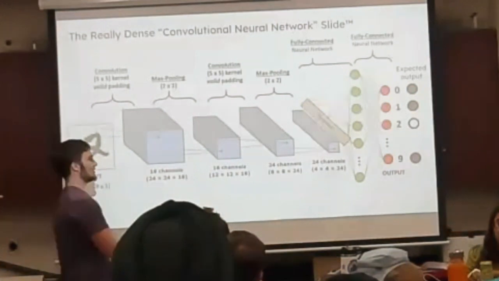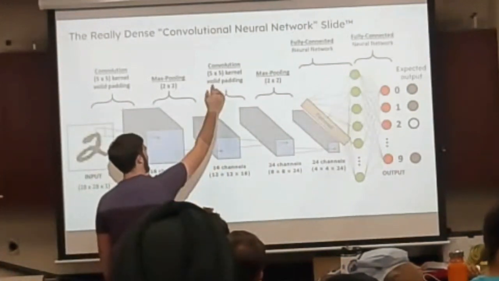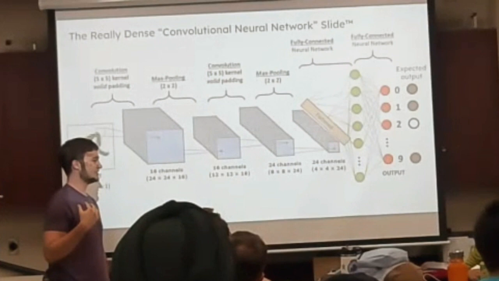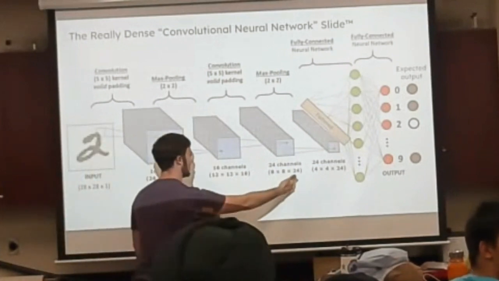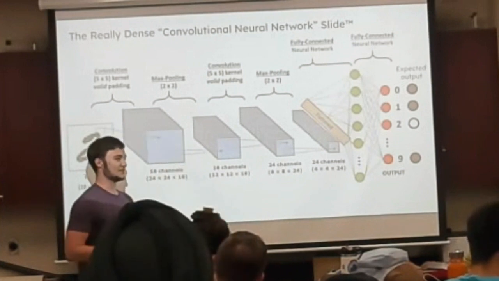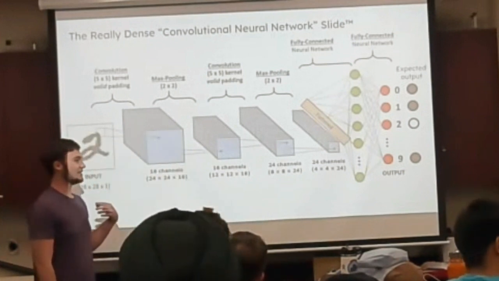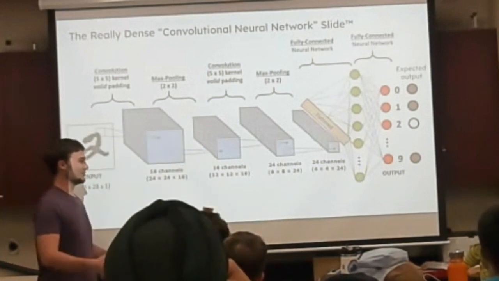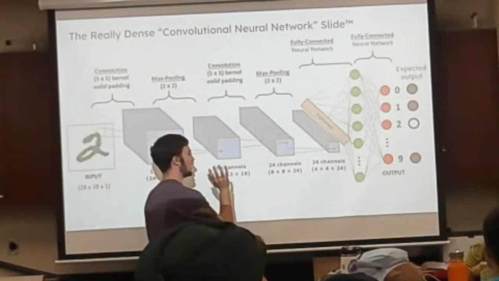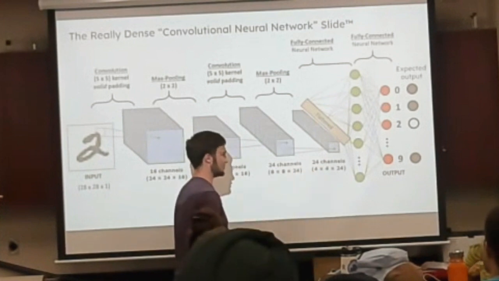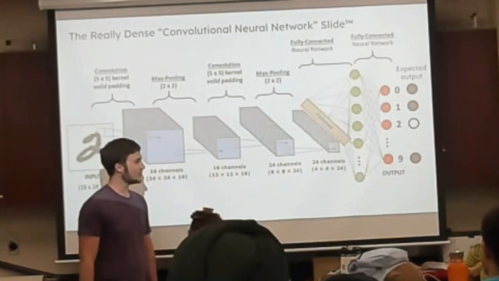So each kernel that's applied on the input is 5 by 5 by 16, so that's 400. And then we have 24 different kernels applied, so that's 9,600 parameters. And you can see that it's quickly going to grow in the number of parameters we have to add. Then we apply max pooling again, so we reduce the number of numbers we're using.